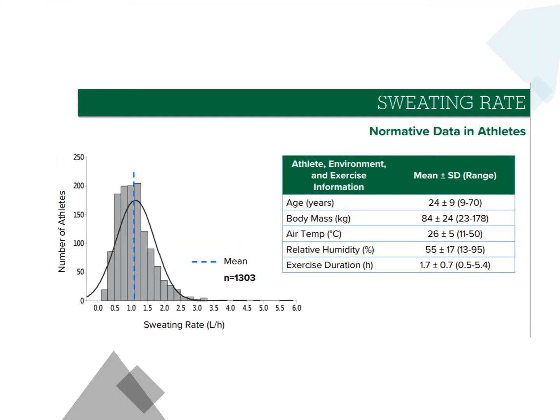And I want to give you an example of what that looks like in terms of normalcy. So here is the normative data for athletes of what kind of sweat rate we have. And here you can see body mass, air temperature, relative humidity, exercise duration. We have a normative value of just a little over 1.0 liters per hour.